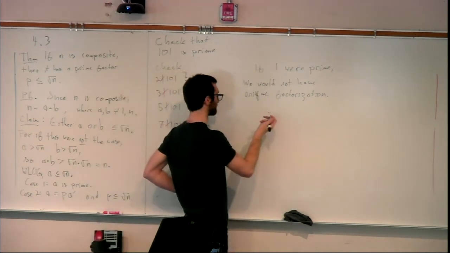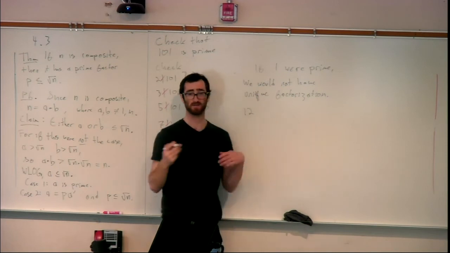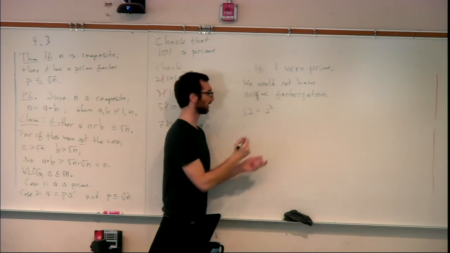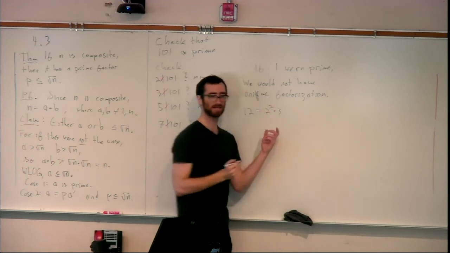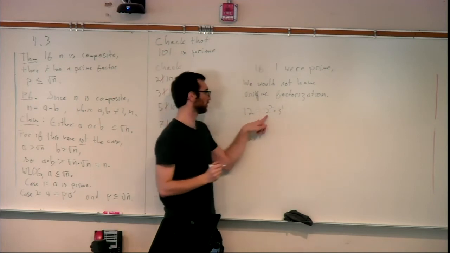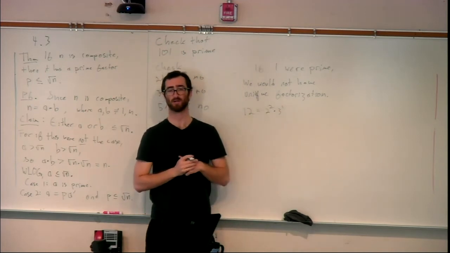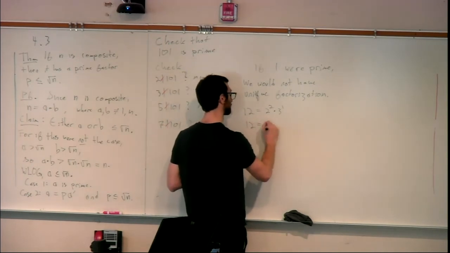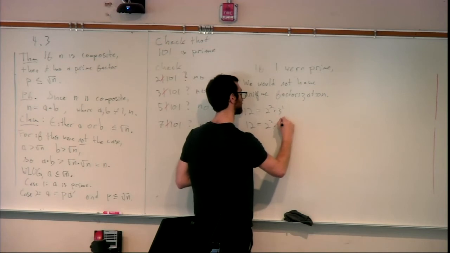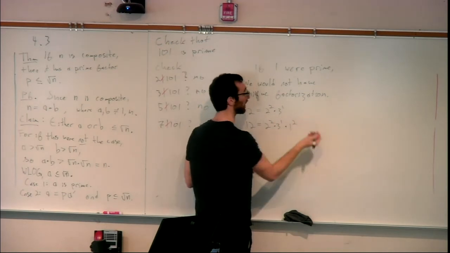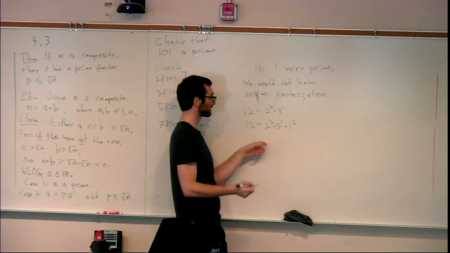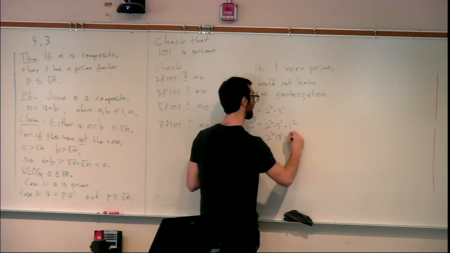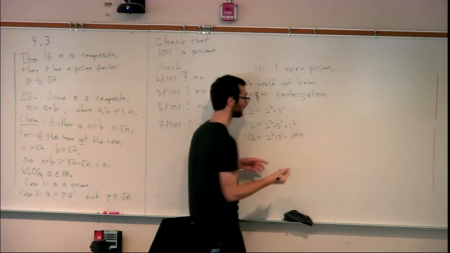For instance, 12 can be uniquely written in terms of primes as being equal to 2 squared, which is 4, times 3. So the things that I need to keep track of are that the 2 comes with the power of 2 and the 3 comes with the power of 1. If 1 were a prime, then 12 could also be written as 2 squared times 3 to the 1 times 1 squared, right? 1 squared is just 1, so this is the same. 12 would also be equal to 2 squared times 3 to the 1 times 1 to the 507, right?